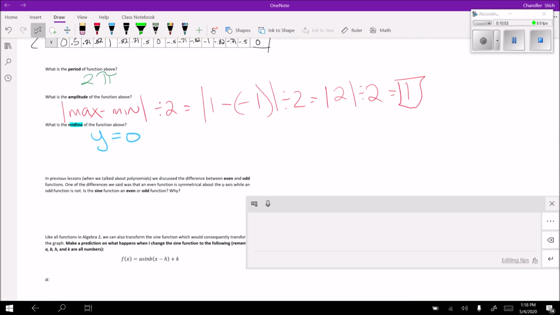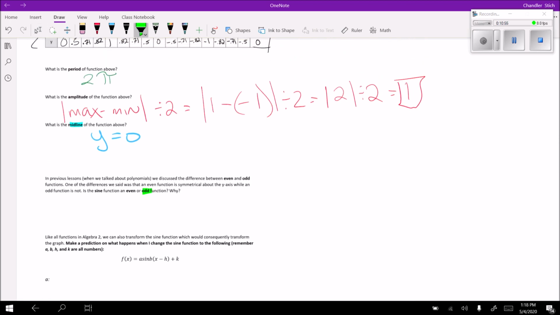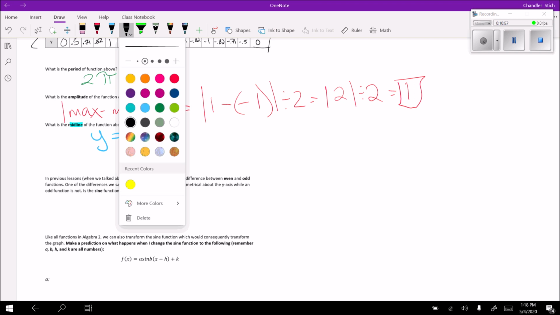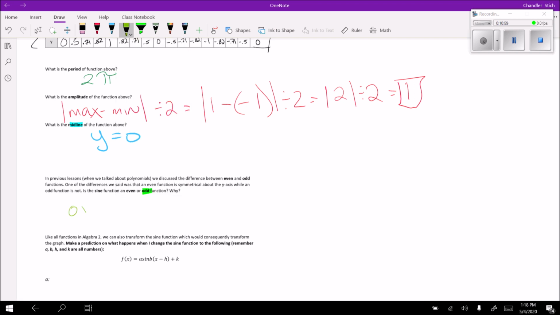So this is an odd function because it is not symmetrical. Okay, it's odd because it is not symmetrical about the y-axis is what we should say.